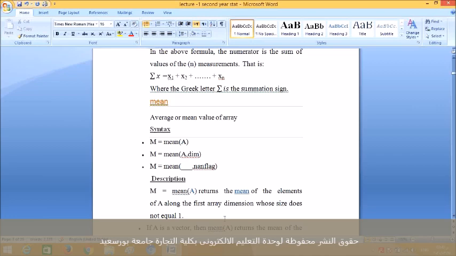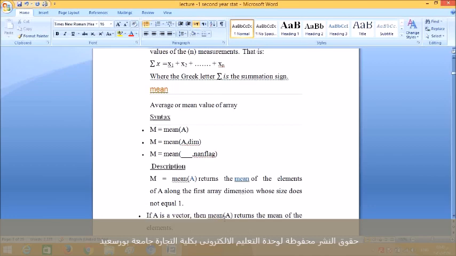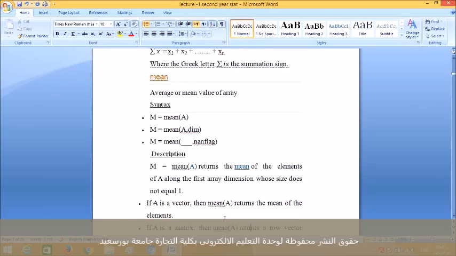If A is a vector, then mean of A returns the mean of the elements. Vector here means that the data set is given in the shape of one row of data, not a matrix, one variable in one row. So the observations must be arranged as a row, not a matrix.